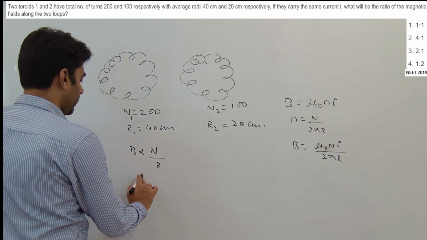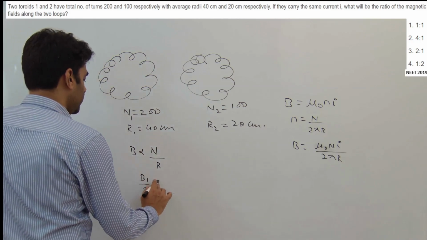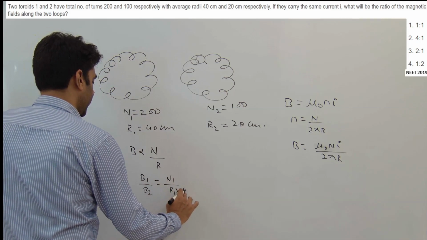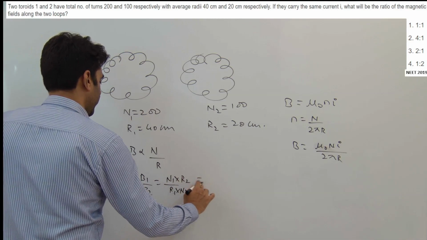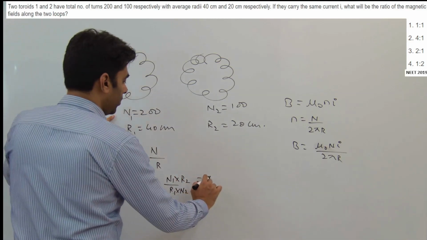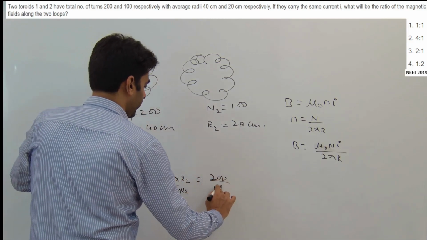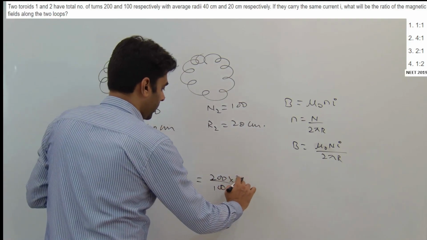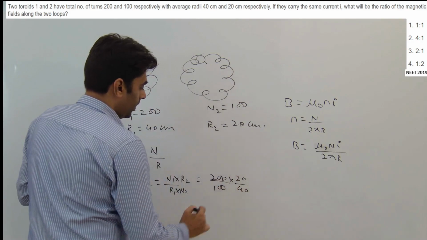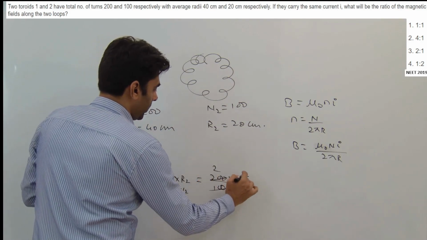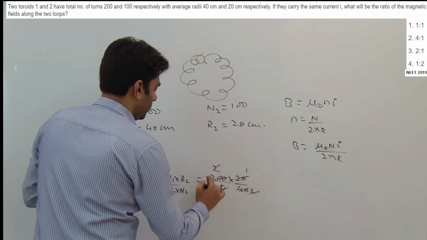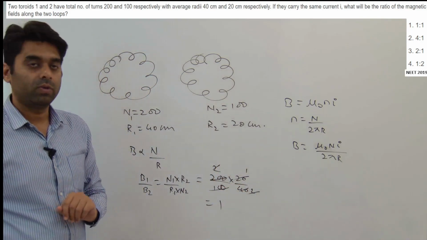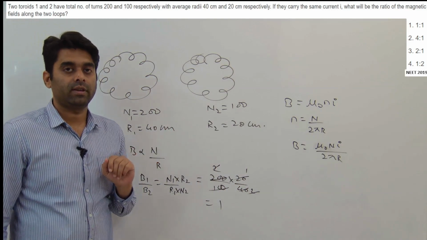So we can write B1 by B2 is equal to N1 by R1 into R2 by N2, that is N1 by N2, which is 200 by 100, and R2 by R1, which is 20 by 40. Right? 1 is to 2, 1 is to 2. 2 and 2 cancel, so our answer comes out 1. The answer will be 1 is to 1. So the first option, 1 is to 1, is our correct answer.